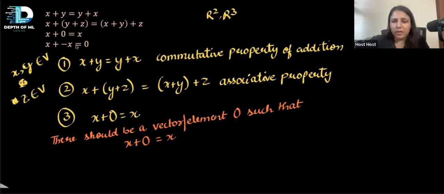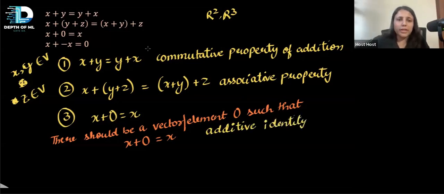This is called additive identity. And it should hold for all the vectors that I have in my set V.